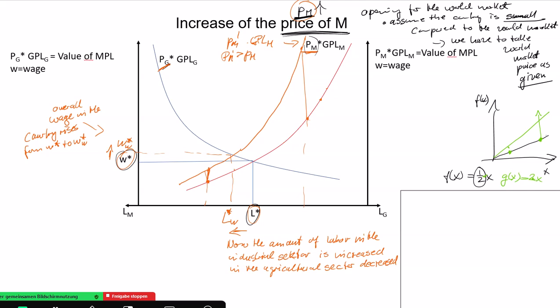And even they have now also to pay the higher wages. So their output prices are still the same, but they have to pay higher wages. So increased costs and the revenue more or less the same, and they even have to reduce their production. So they cannot still be in the optimum.